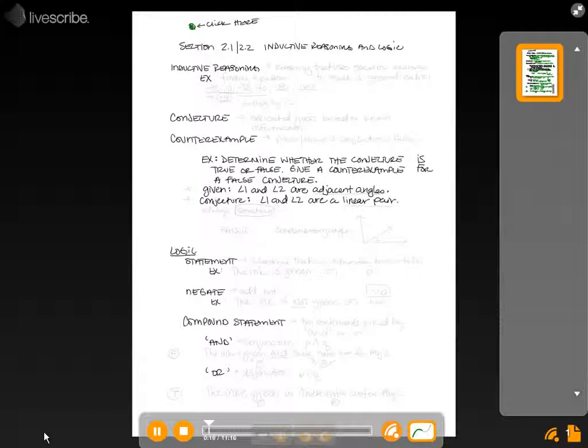Alright, our first definition is inductive reasoning, and inductive reasoning is reasoning that uses specific examples to reach a generalization.